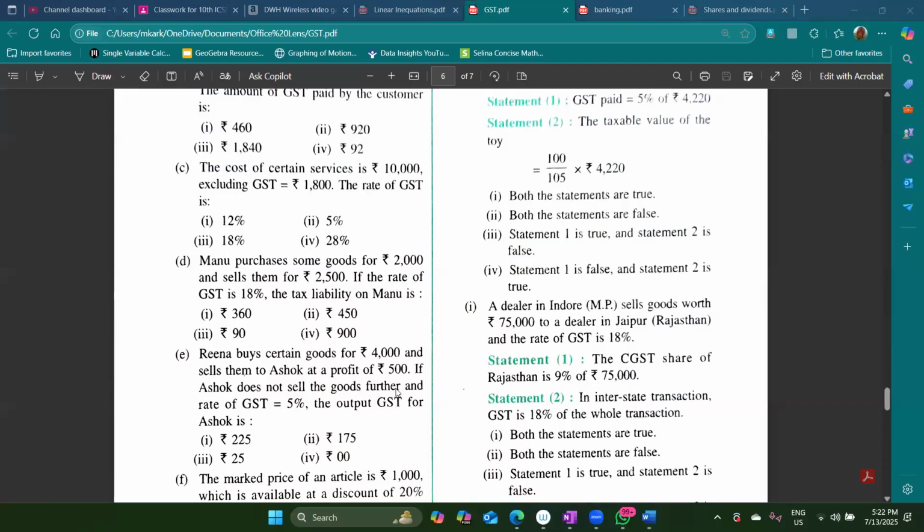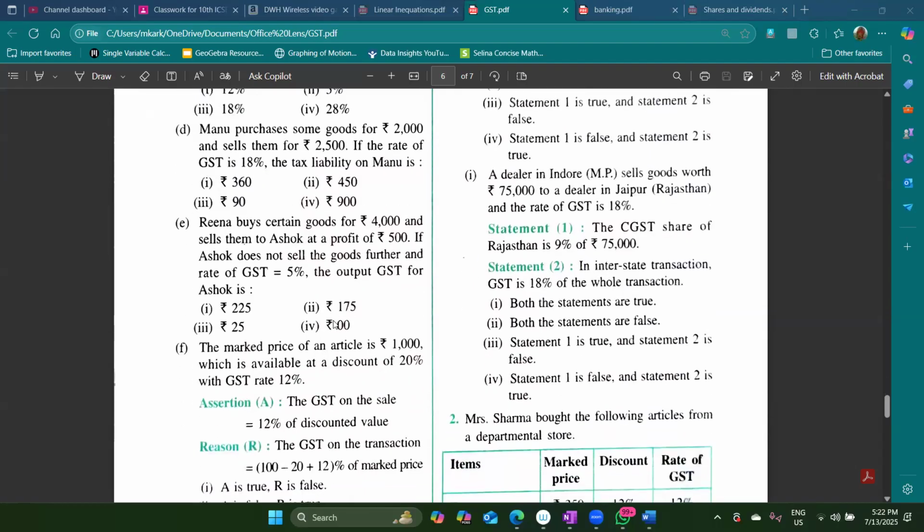Okay, because Ashok does not sell it further. Correct. Everybody answered it correctly. Cool.